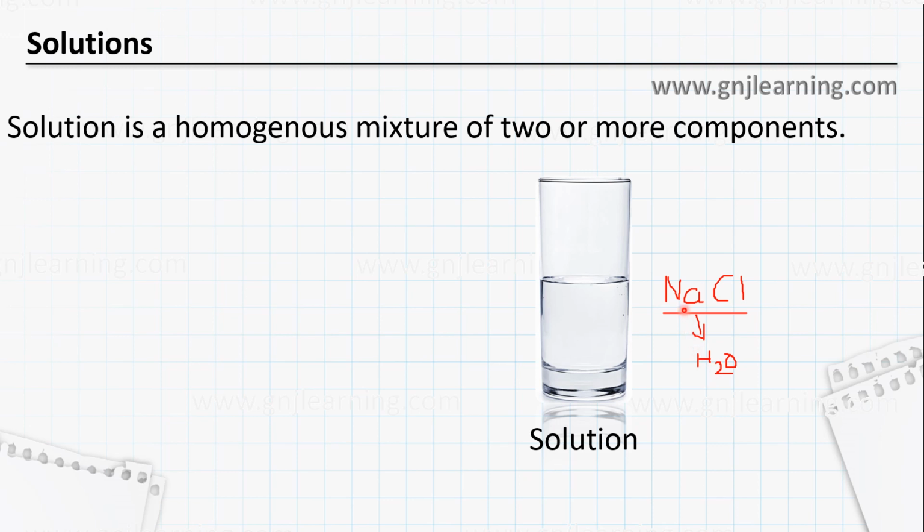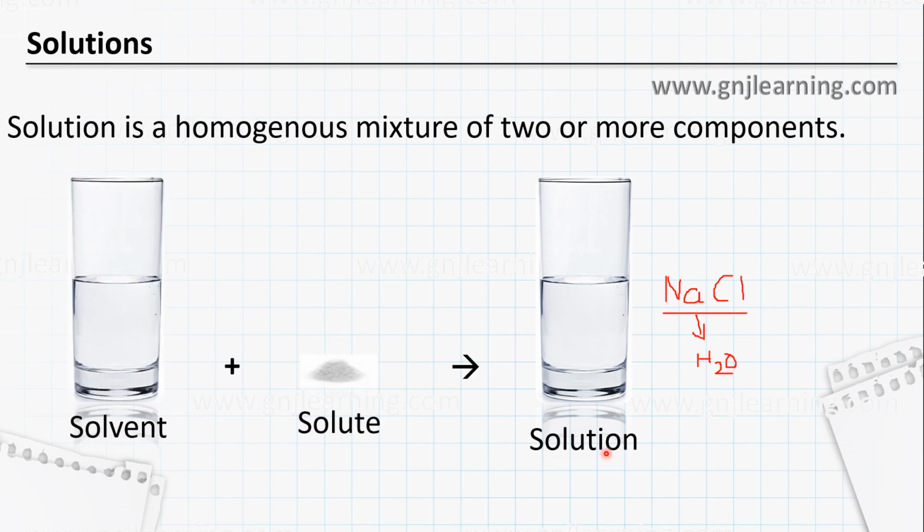Now coming back to the example, I have added salt into water. So we have two components here. How can you differentiate these two components, or the essential things that are required for a solution? One is solvent and the other one is solute. Solvent here, in our example, is water.